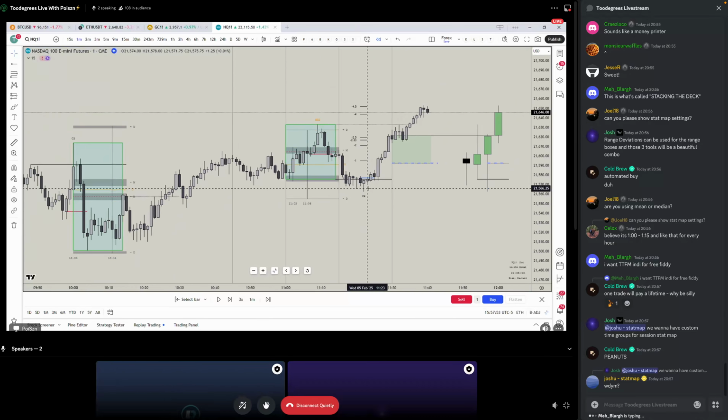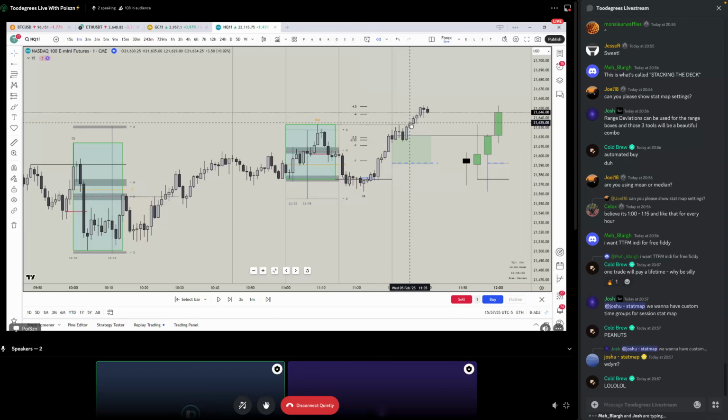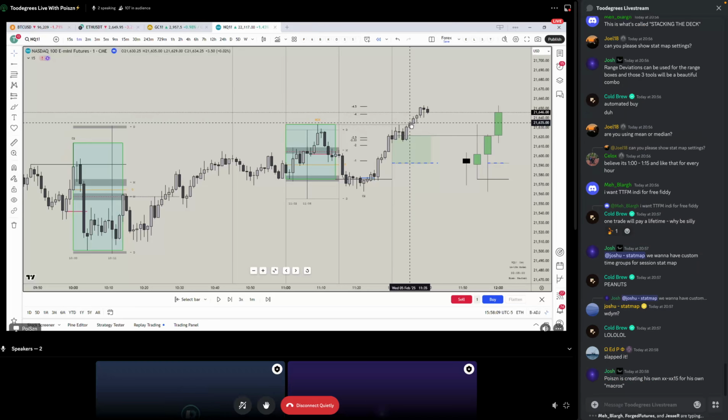Take one trade. It pays for the indicator for life. Basically, the indicator's free. The indicator is basically free after one trade. Well, at least that's what my wife tells me to do.